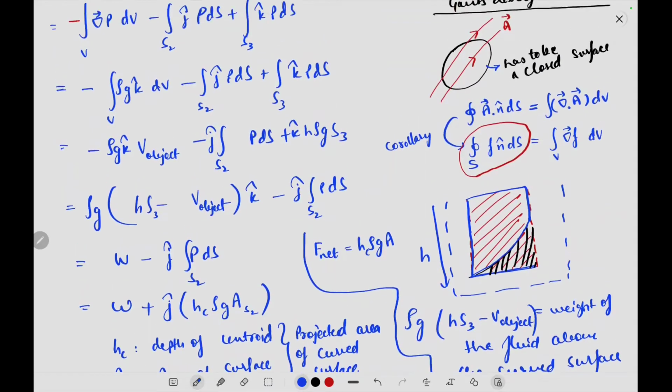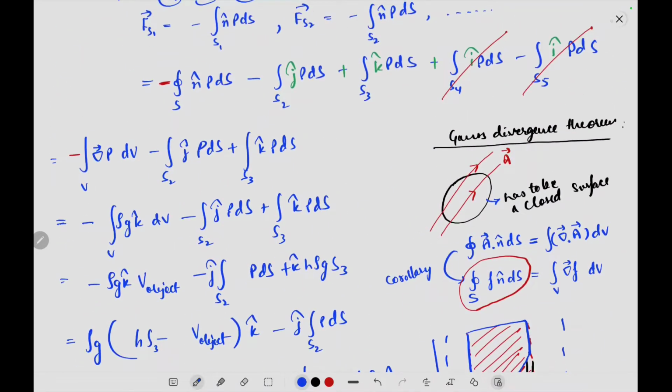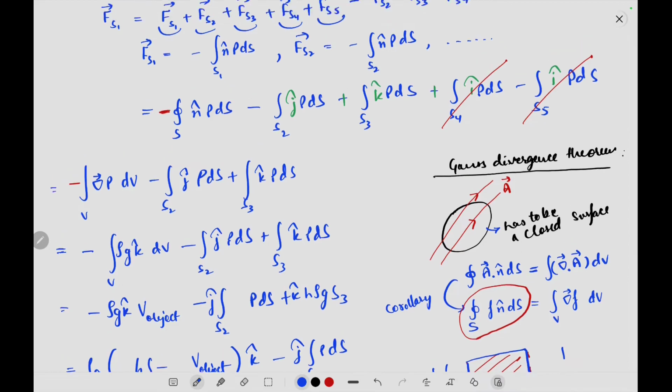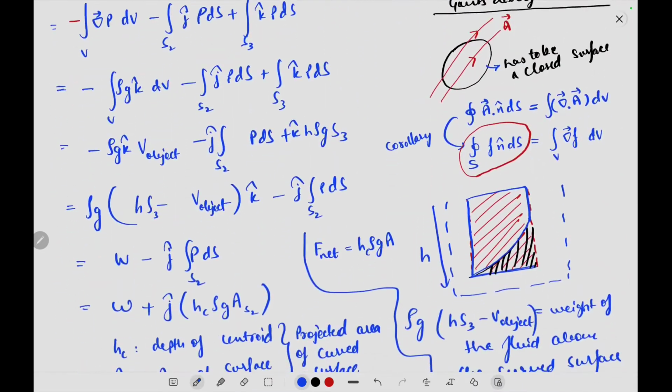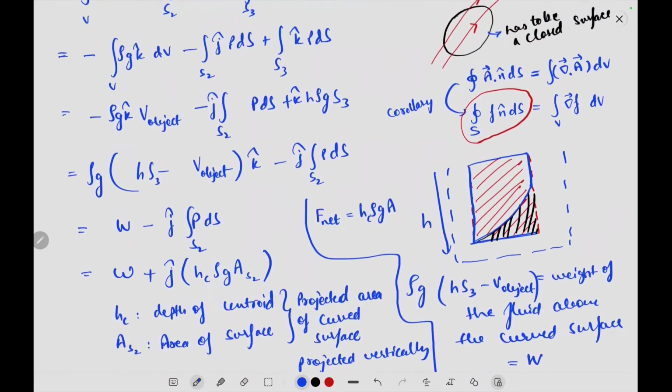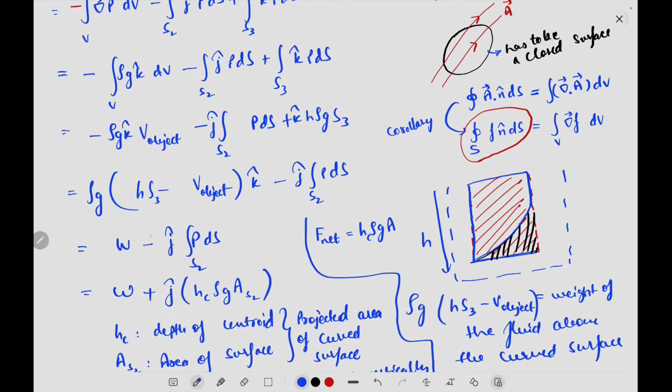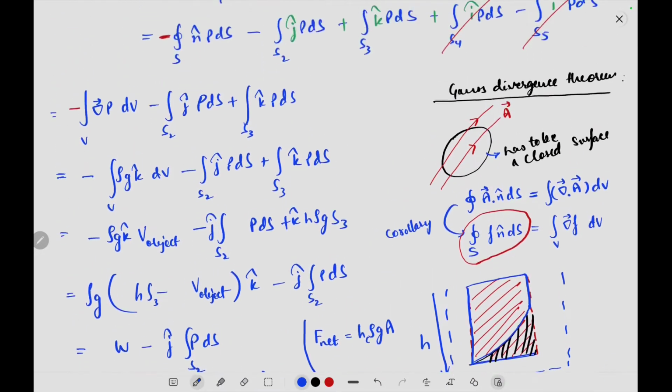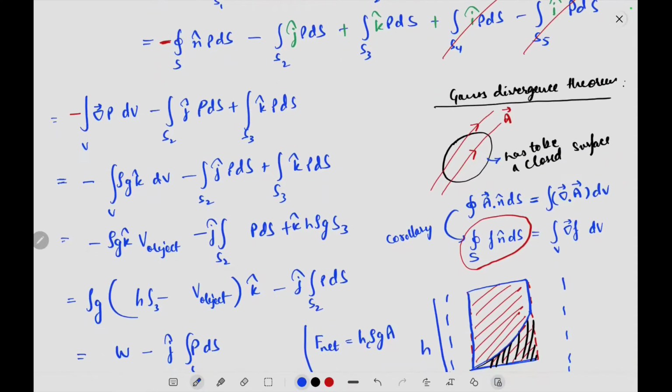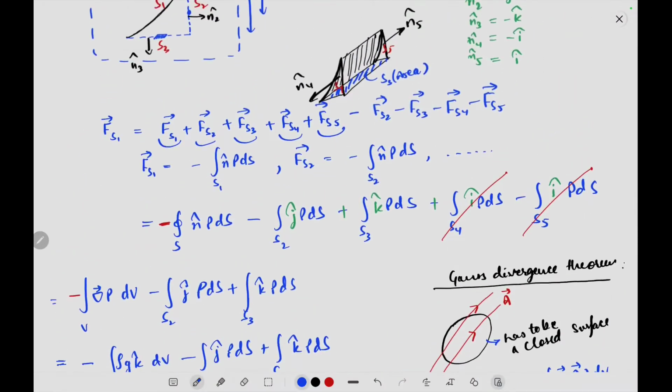Let's see if there is any mistake or not. Now checking with the literature, it shows me that this should be plus J hat integral PDS. So I think I have made a mistake in this J hat PDS. Let's just check this. So we had FS1, FS2, we just wrote it like this. Then FS1 was minus and had PDS, FS2 was this one.